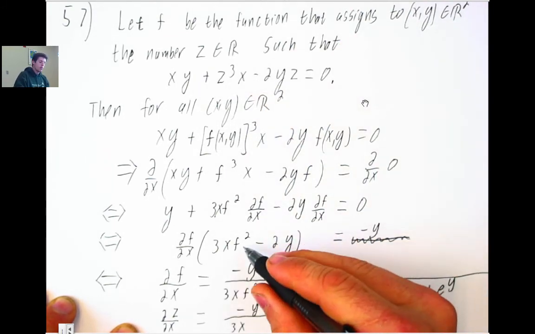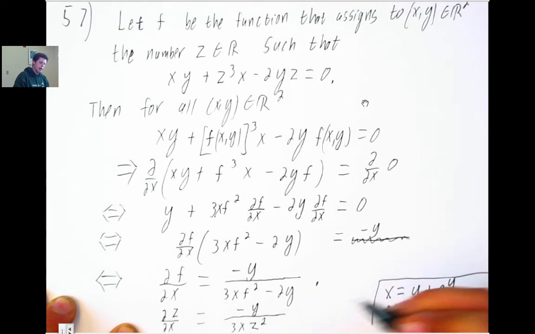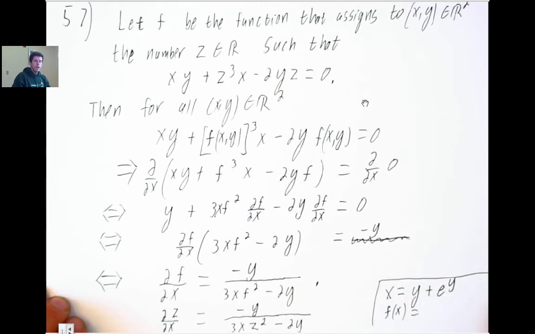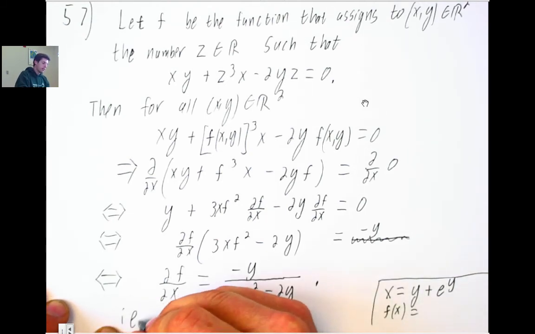So I am going to go the opposite direction and replace f with z. z squared and minus 2y. Okay, so once again, the derivative of z with respect to x is being found in terms of y, x, and z itself.